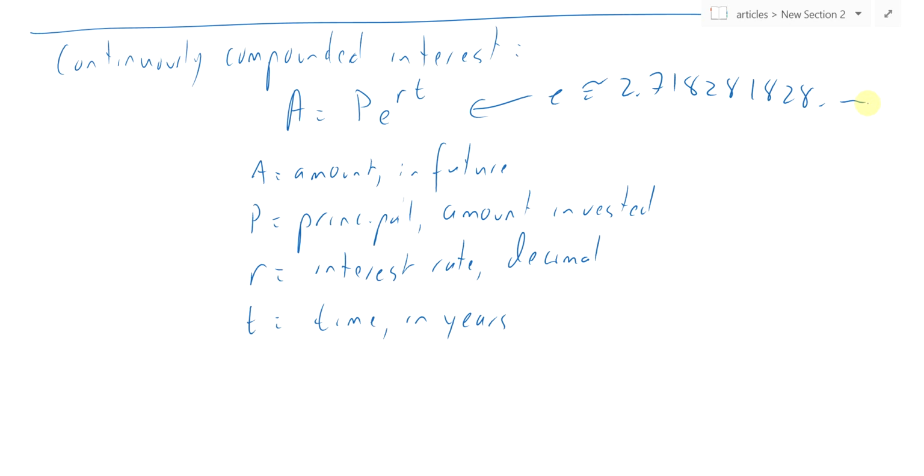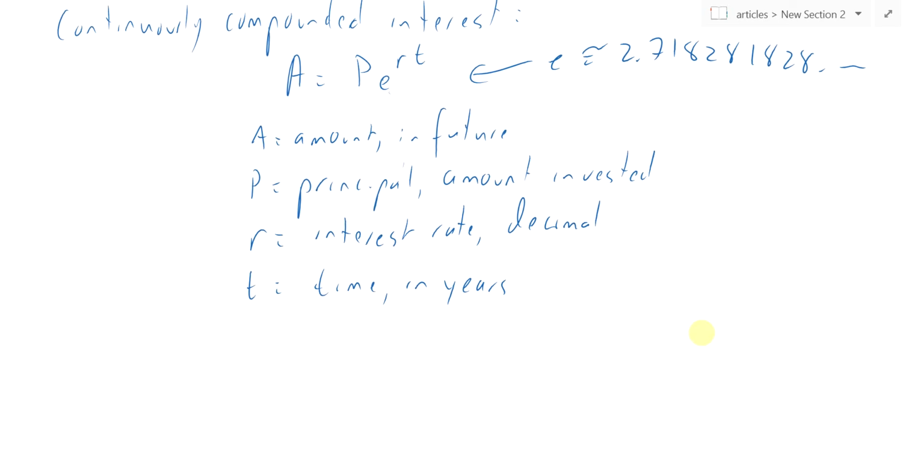And continuously compounded, well, in the previous example, we were compounding at the end of every week. You could imagine if you could compound at the end of every day, every hour, every second, every millisecond, every microsecond. And e is, if you take that to its theoretical extreme, if you compound every single instant, how much would you get? And that's what this formula is.